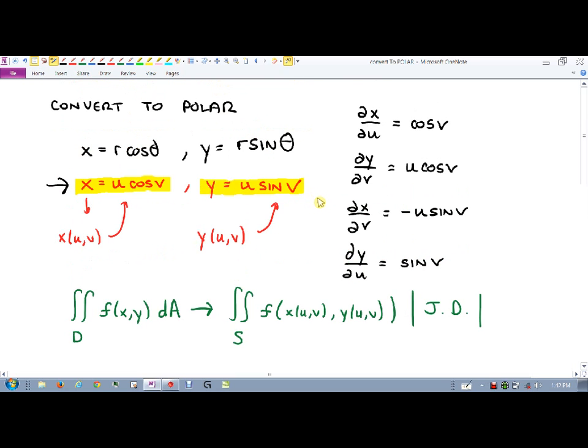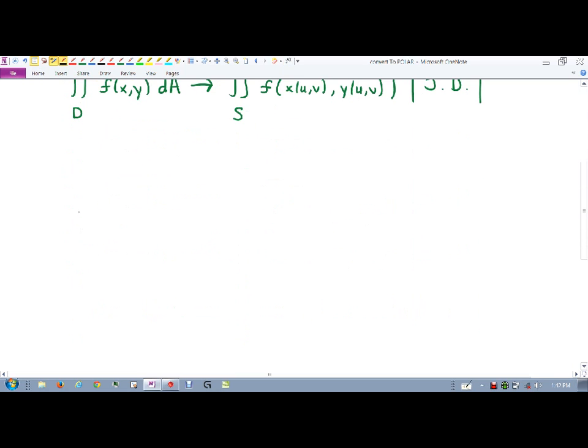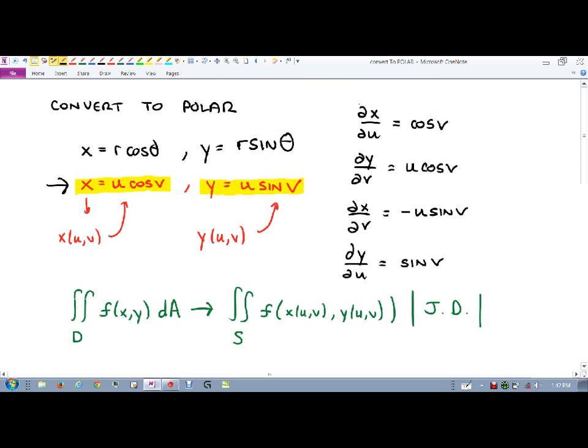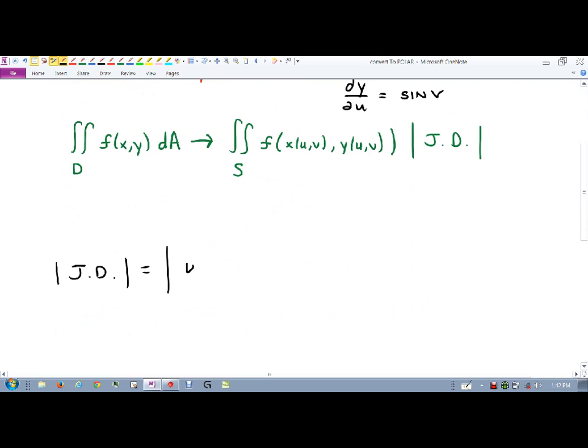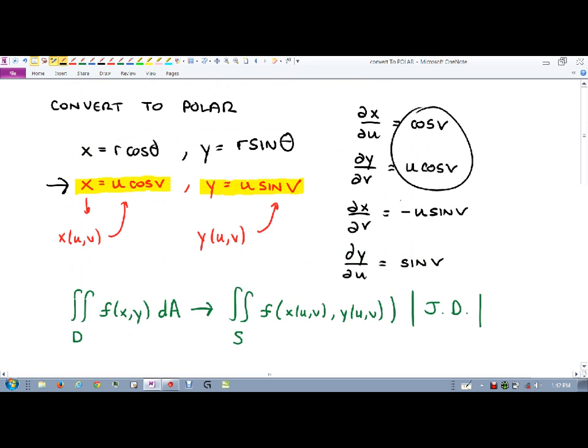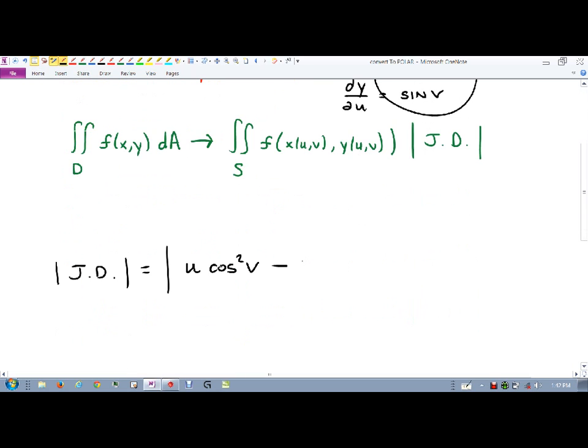Okay, so compute this Jacobian determinant. I'm just going to say JD down here, and let's do the magnitude of it right now. These two multiplied gives me u cosine squared v, minus these two multiplied, which gives me minus minus, so plus u sine squared v.